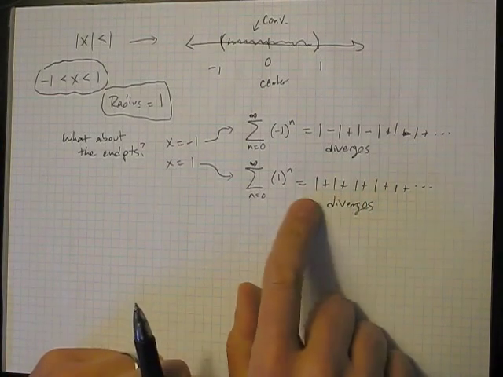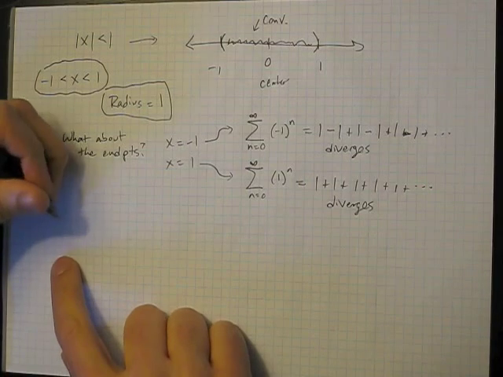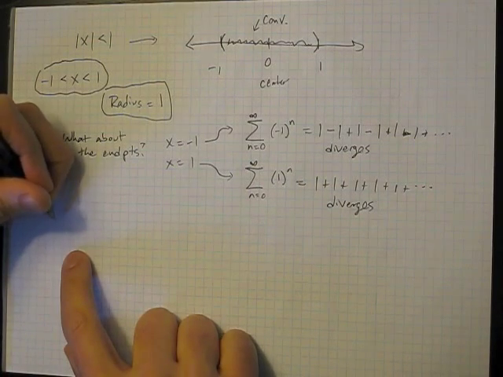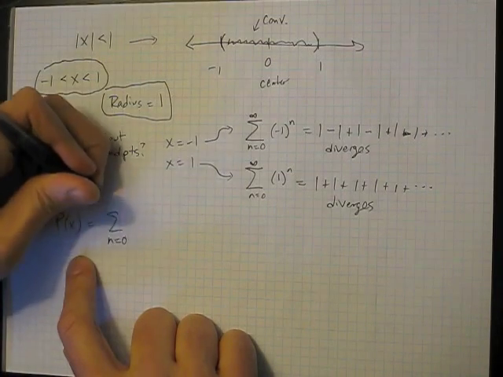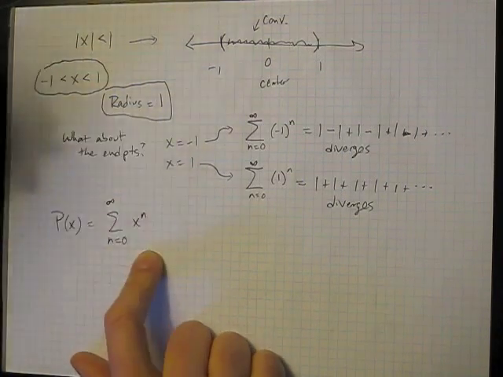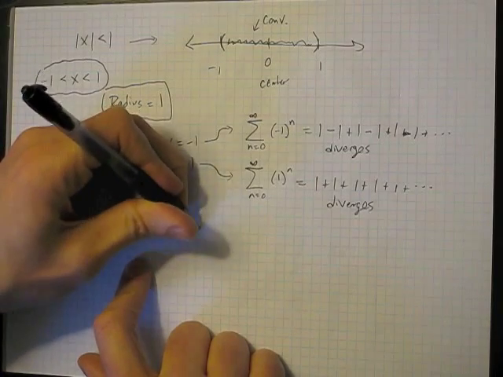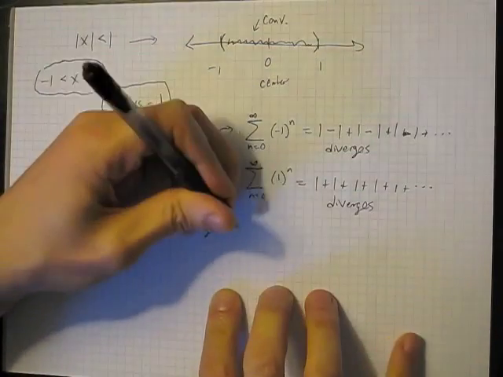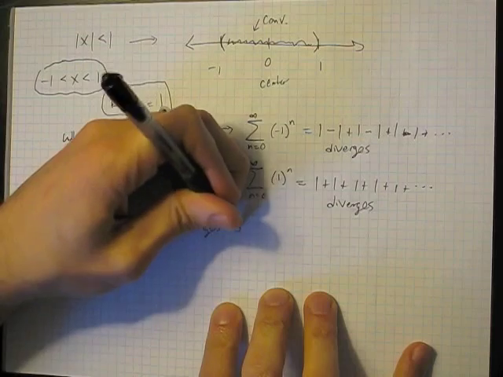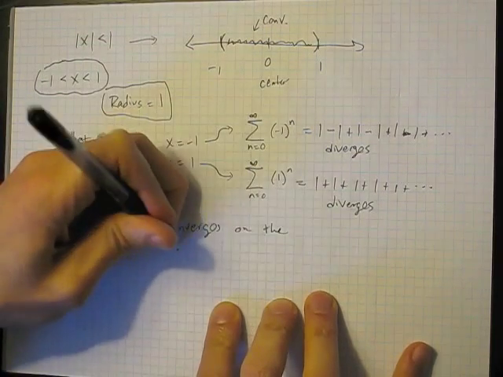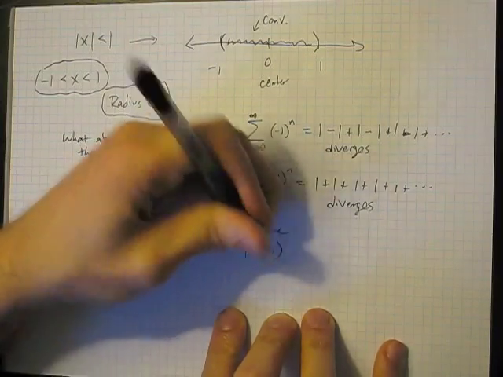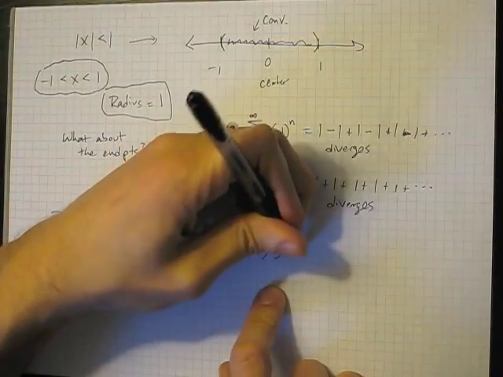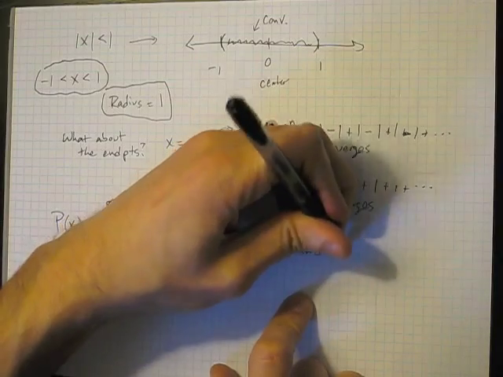Okay, so that means that this power series, starting at 0, going to infinity, x to the n, converges on the interval from minus 1 to 1 and diverges everywhere else.